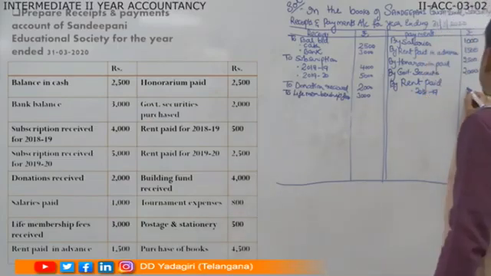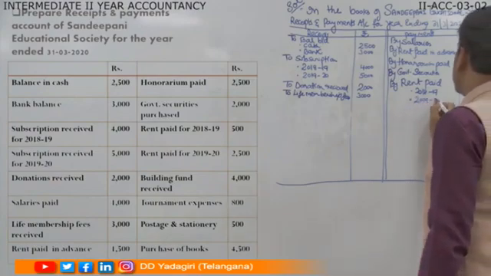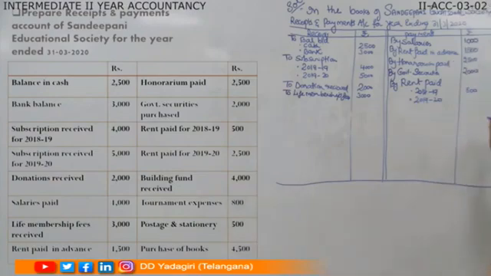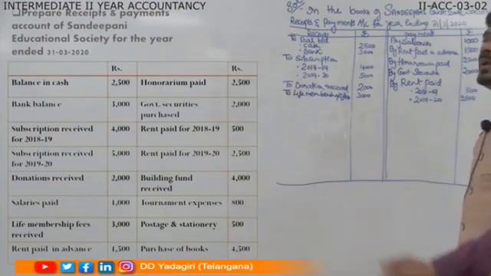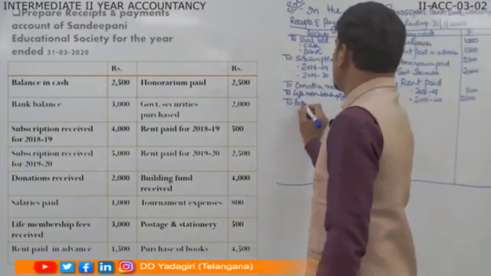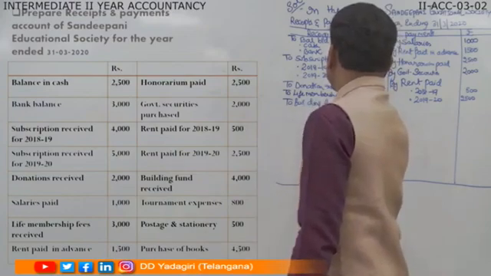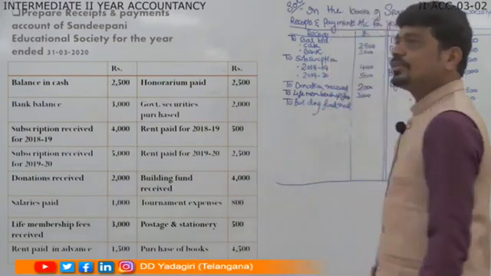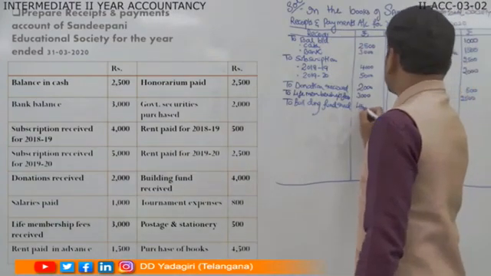We paid 500. Then 2019 and 20, we paid rupees 2,500. Then building fund received. So receipt. To building fund received, 4,000.